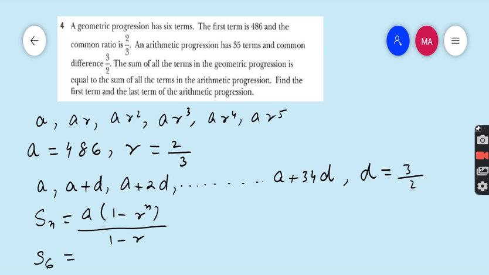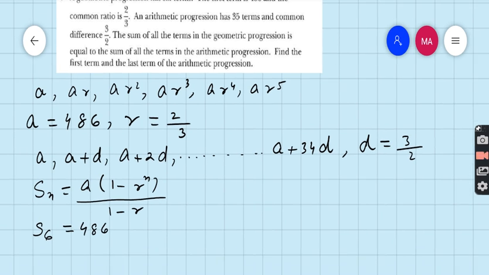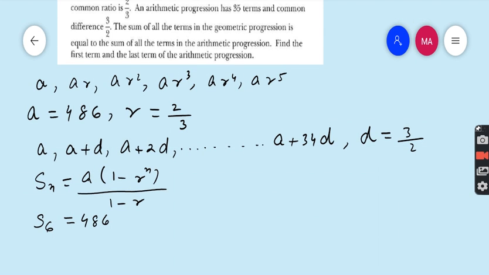A is given, 486. One minus r to the power n, 2 upon 3 to the power 6, upon 1 minus r, 2 upon 3.